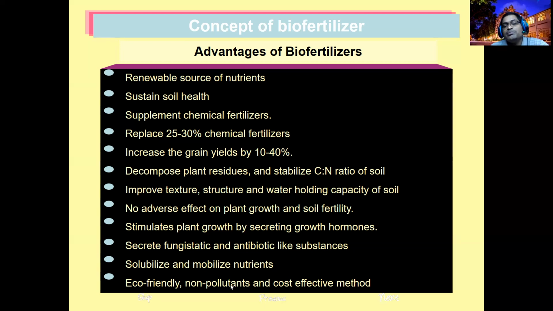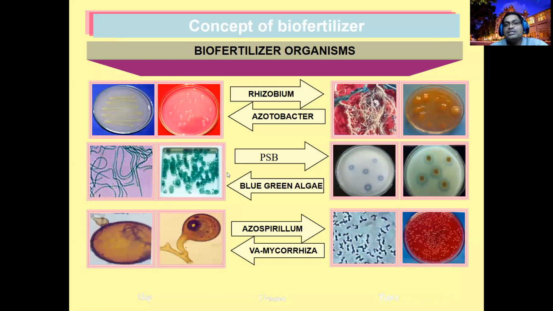And you can even minimize the pollution and the cost, and you can maintain a healthy agri system. And finally, your earth will be healthy. So these are the organisms commonly used for mass culturing, and nowadays for inoculation and mass multiplication and application of these biofertilizers.